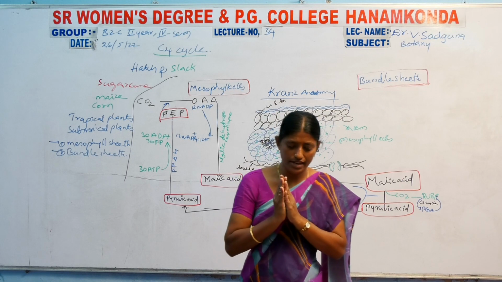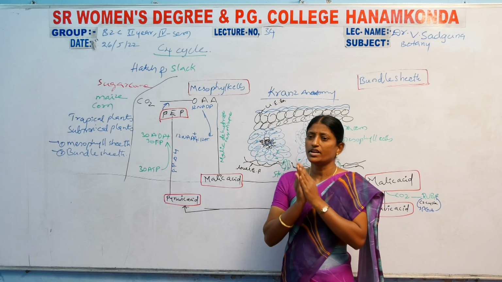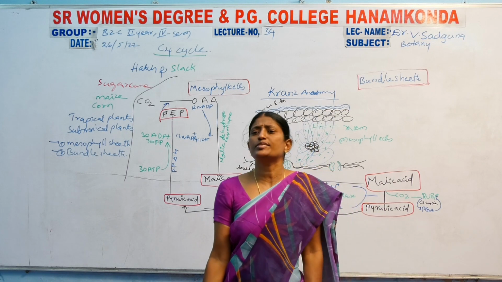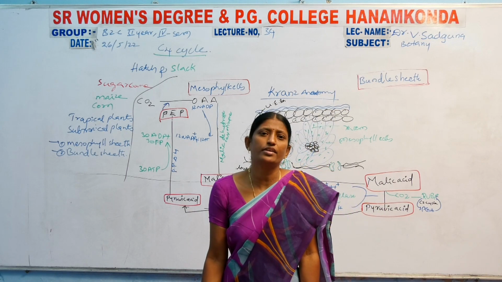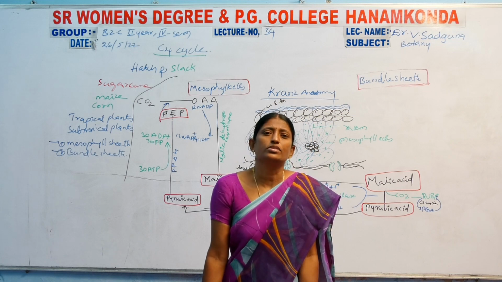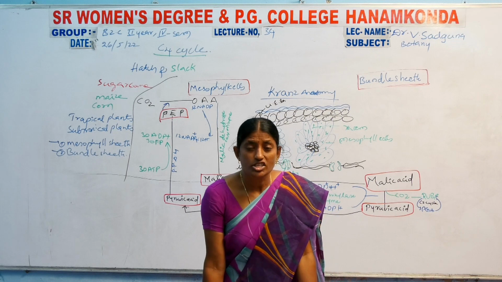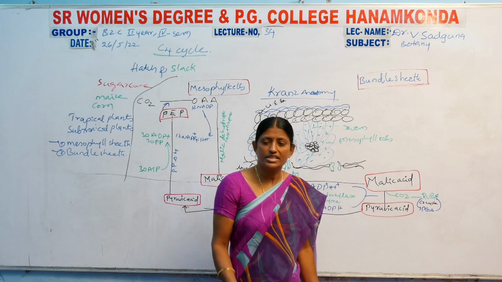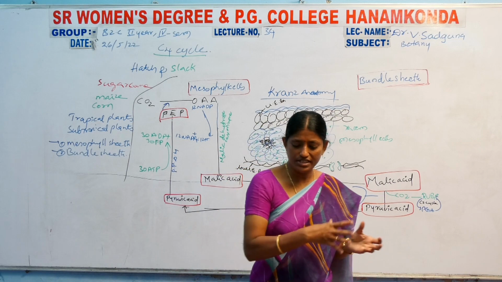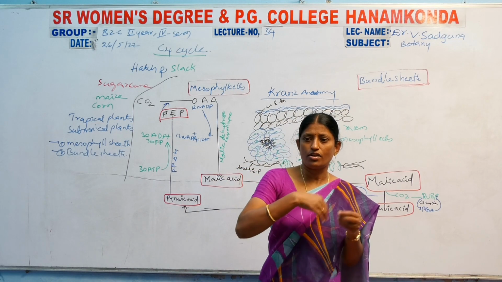that is known as the bundle sheath surrounding the vascular bundles. Vascular bundles means the presence of the xylem and phloem. The presence of the xylem and phloem, the vascular bundles, is called the Kranz anatomy. Kranz means it has a wreath, a complete round surrounding.